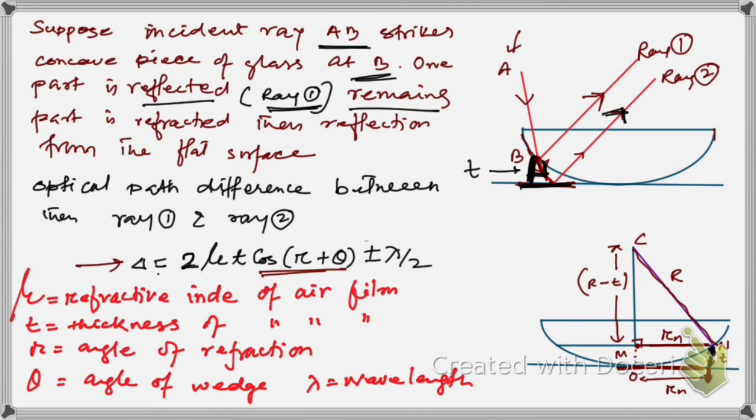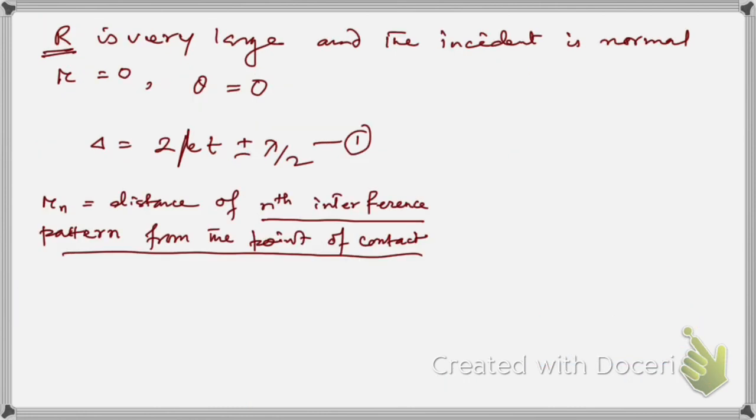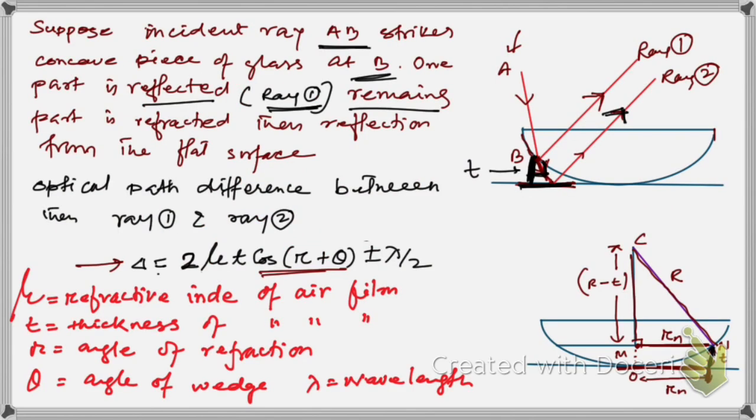Now if you consider this triangle CMN, here is the right angle, and this is radius R.